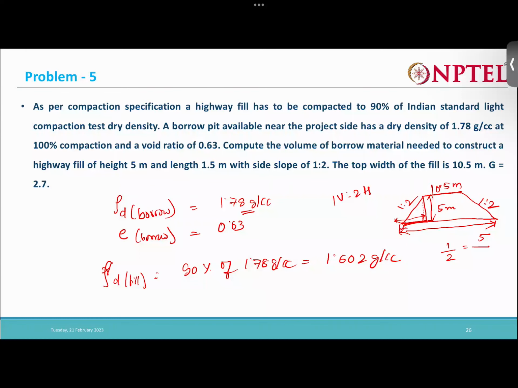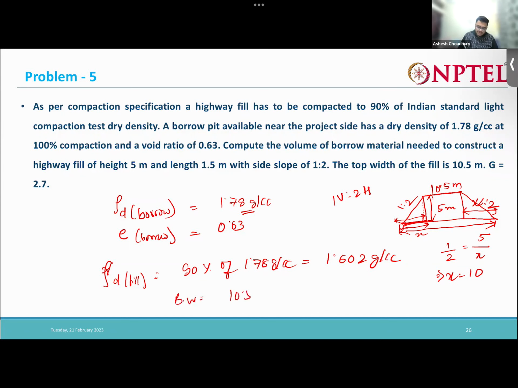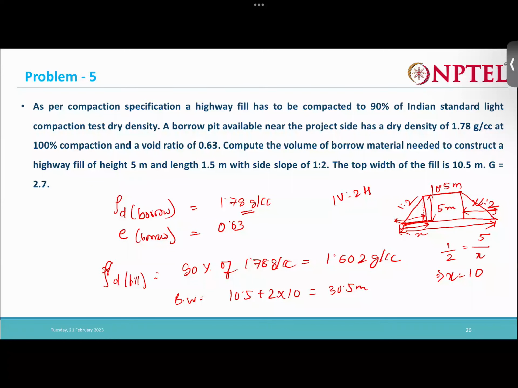So x is equal to 10. Similarly, this is also x. So what is the base width? Base width is nothing but 10.5 plus 2 into 10, which is equal to 30.5 meter. Understood? Yes, sir. Clear.